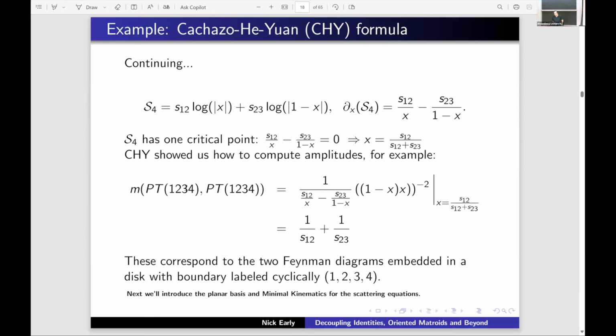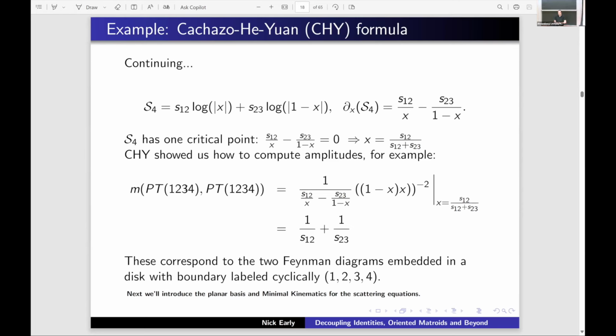Okay, so we've looked at the CHY formula now. Two things that we want to do next, the first is to introduce something called minimal kinematics. That is, (n-3)! is still a big number, a really big number.